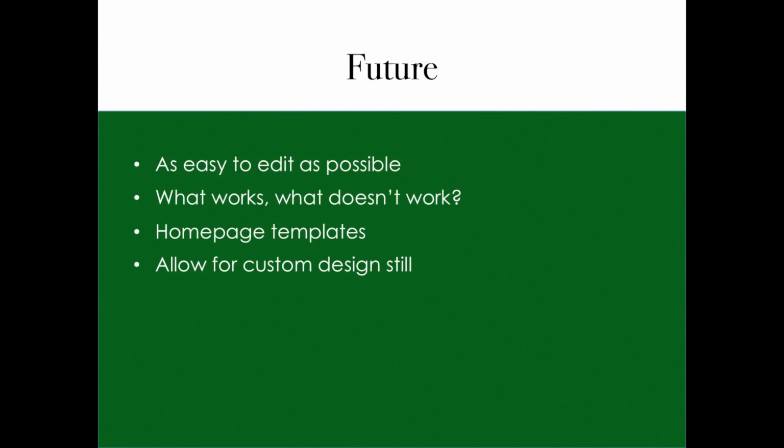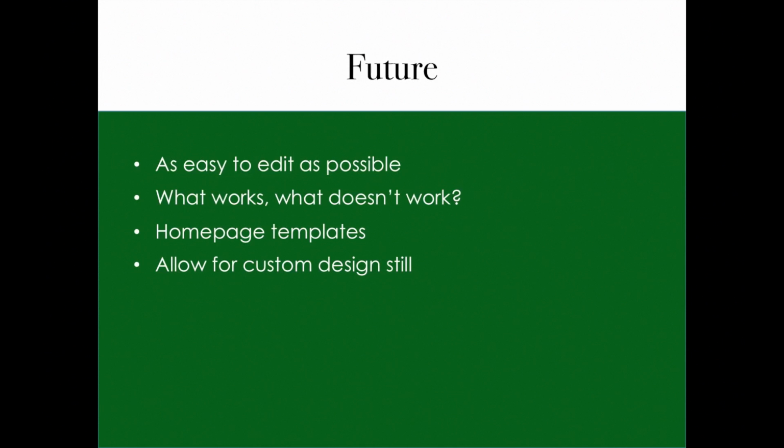Thinking about homepage templates, at the moment I've got it set up so you've got the different numbers of columns in the different rows, and you can just duplicate them or remove them. But I'd like to think about how to get the homepage a bit more flexible without having to do too much more coding in the back end on a website by website basis. So that's something to think about.